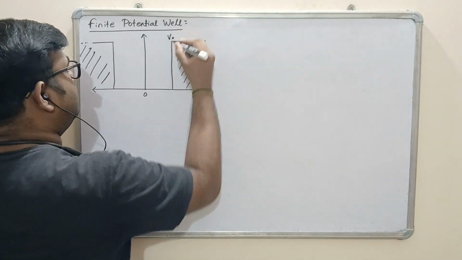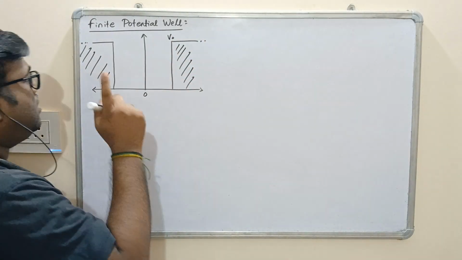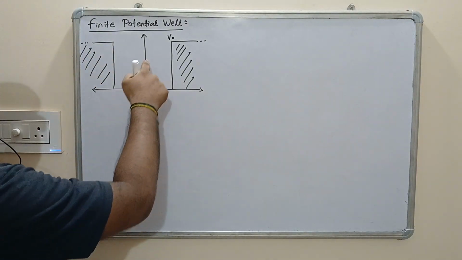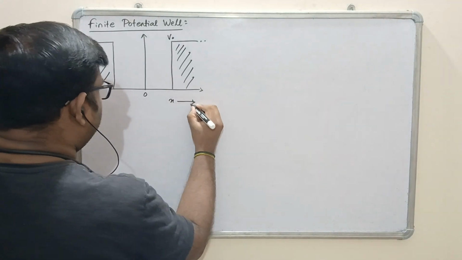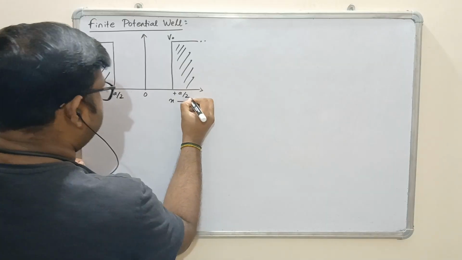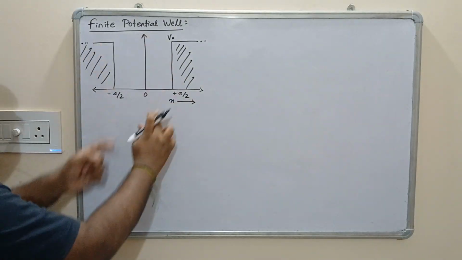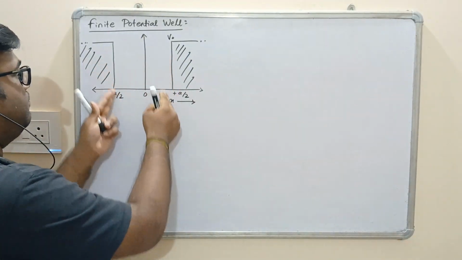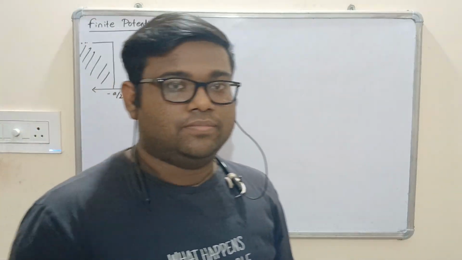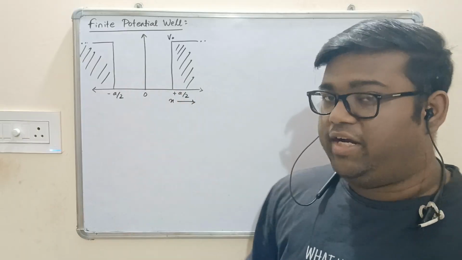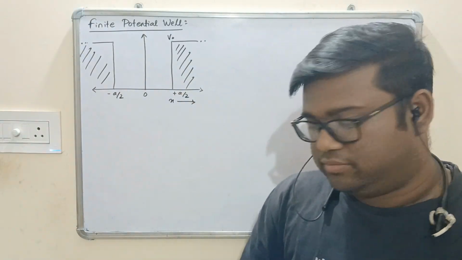So let's say this is V0, this is X, and this is minus A by 2, this is plus A by 2. Taking the distance to be from minus A by 2 to plus A by 2, we are making sure that the system becomes finite, and also the distance becomes finite, and the potential is symmetric in nature.